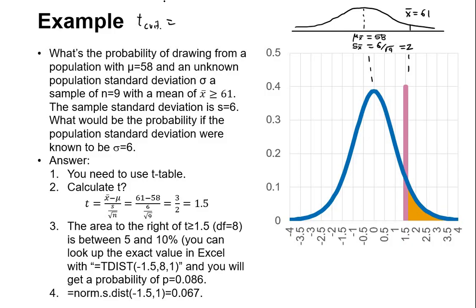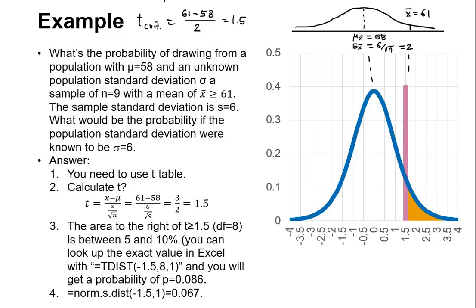So we ask the question, how far is our sample average away from a hypothetical mean? So now we need to say 61 minus 58, that gives us the distance from the mean, and then we divide by the standard error, which is 2, and then we get 3 over 2, which is 1.5.